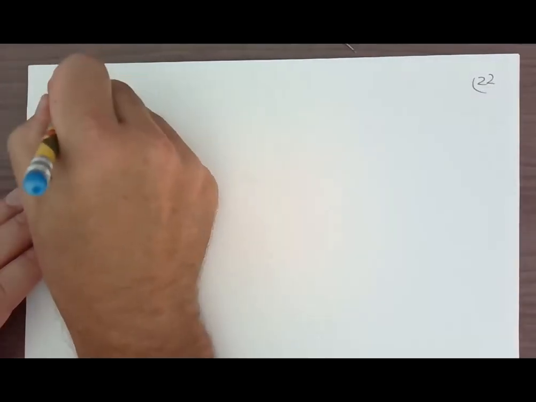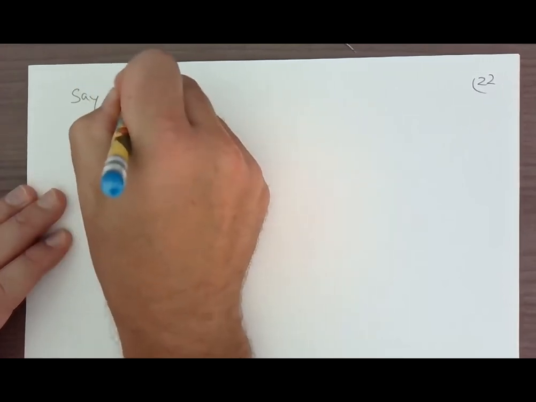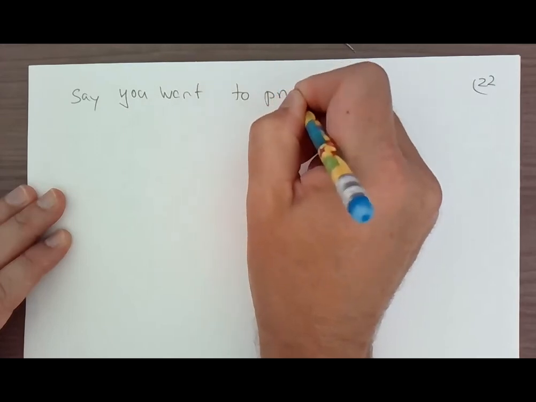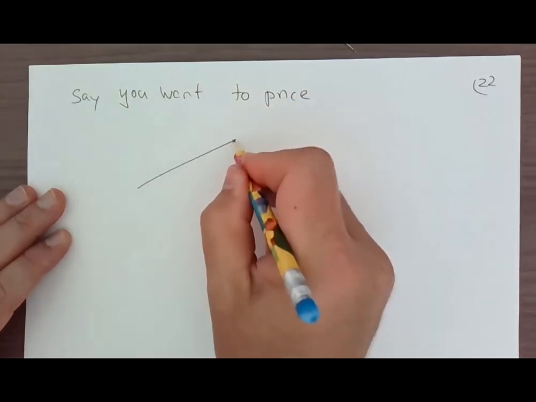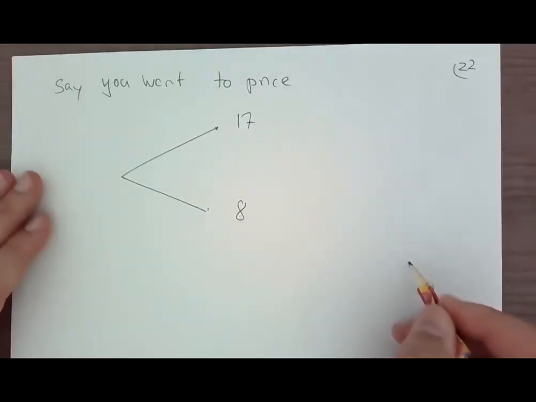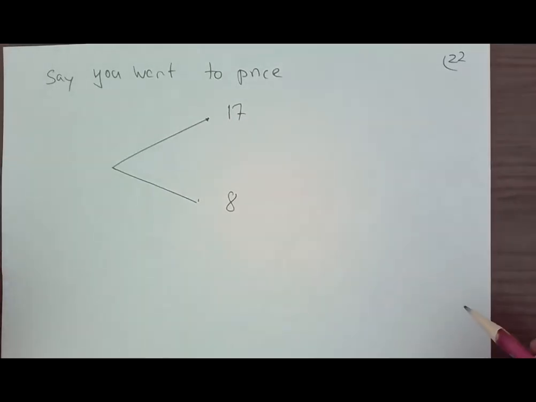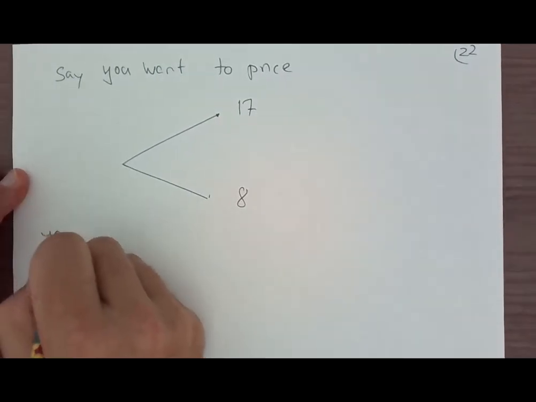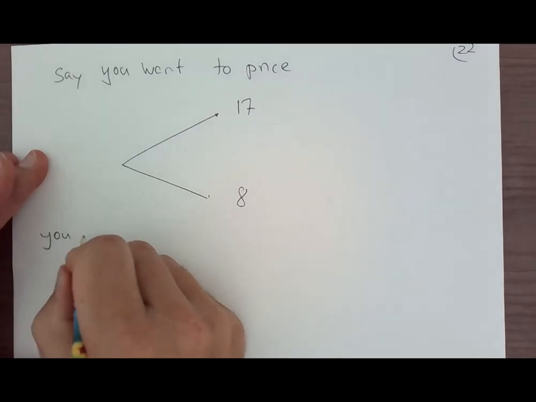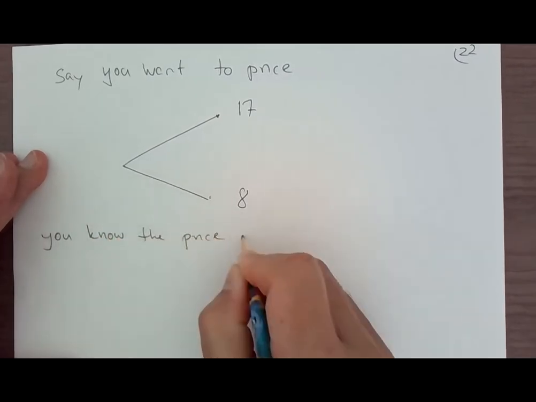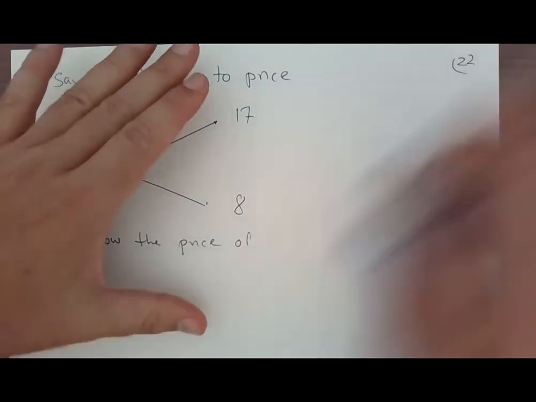So say you want to price this payoff. You have 17 and you have 8, just random numbers, and you know the algebra prices.